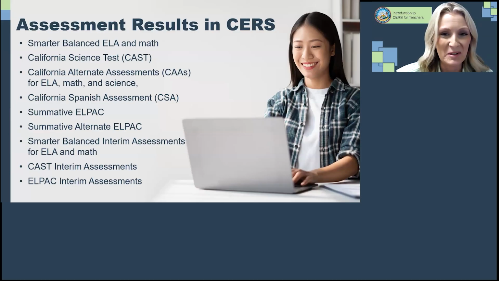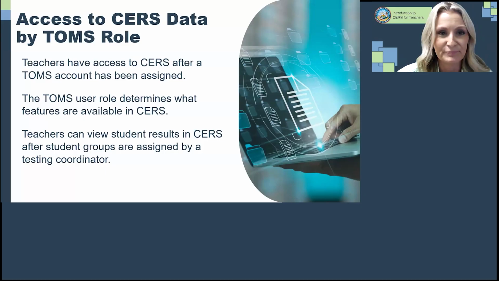Many people are here for those interims, my favorite. For the interim assessment results, there are additional features available in CERS, like the view item level information, individual student responses, what they put in the system, and the correct answer to each test item. We will be exploring more about these features later in this session with Teresa leading the way around interims.